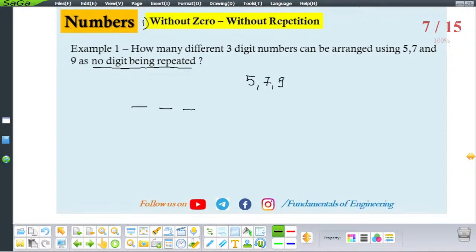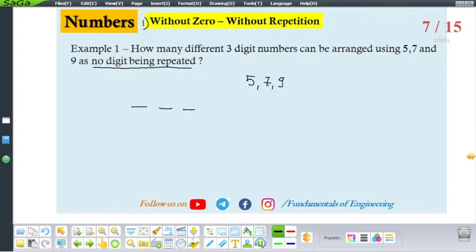This is very simple, and later on I will give you the formula and based on that also we will see which one is simple, which one saves time. You can use that method. Now see here, we have 3 digits 5, 7 and 9 and we have to find the 3-digit number.